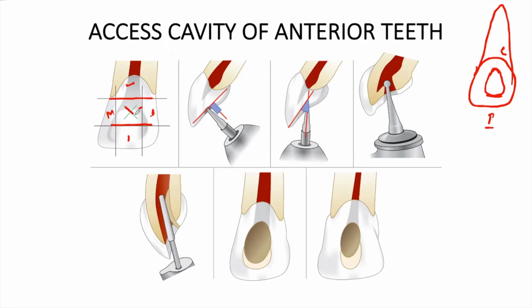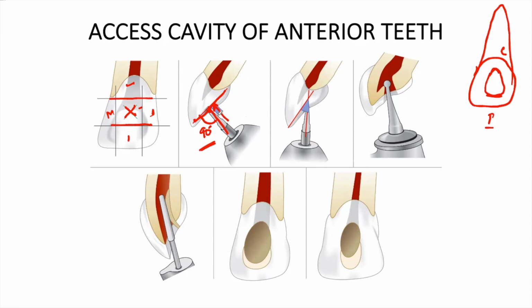So the middle of the middle third, where the cingulum ends basically. So the initial point of entry is the middle of the middle third of the palatal surface, keeping the burr perpendicular to the long axis of the tooth. This is the long axis of the tooth. So the burr is at 90° to the long axis of the tooth. Fine.